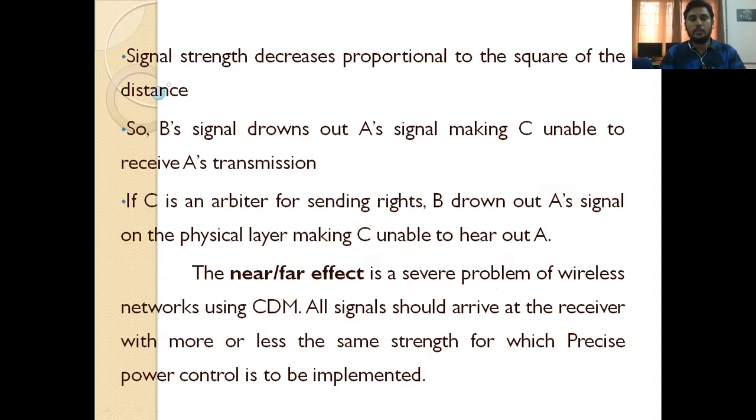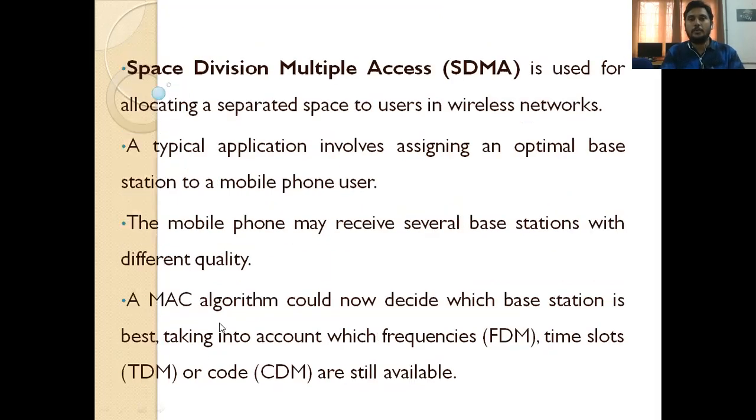If user 2 wants to transmit data to user 1 and user 3 also wants to send data to user 1, user 3 is nearer to user 1, so it accesses the medium quicker than user 2. It is a very problematic situation, so we have to avoid that. That is the near and far problem.